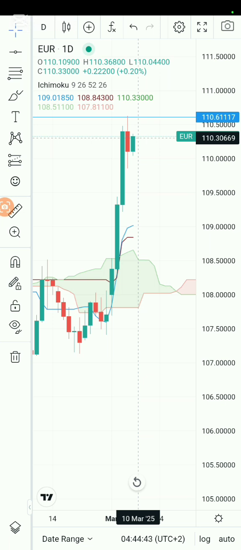That means if we combine the two, we should have a trading opportunity on the Euro USD, which is bearish by nature. The only issue here is that the euro and the US dollar are actually affected by the same market conditions.